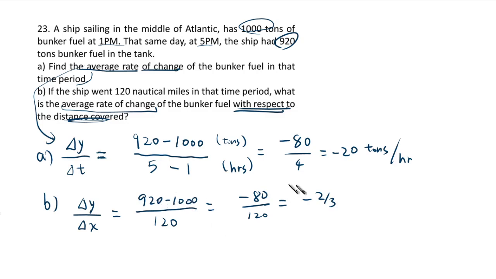The numerator has a unit of tons, and the denominator has a unit of miles. Now in decimals, this will be negative 0.667, rounded to the nearest thousandth, so it's like 0.667 tons of bunker fuel for every mile. That's how much this ship is using.